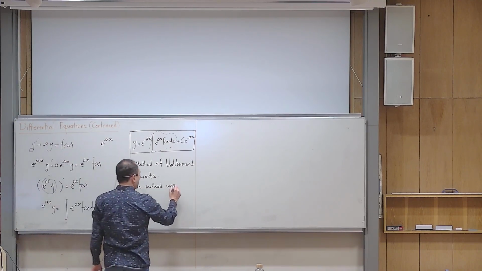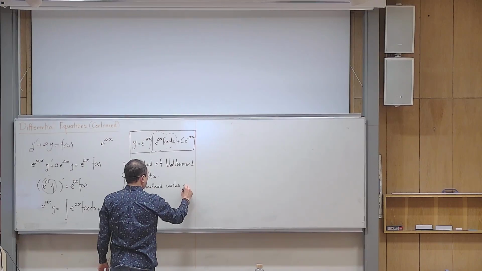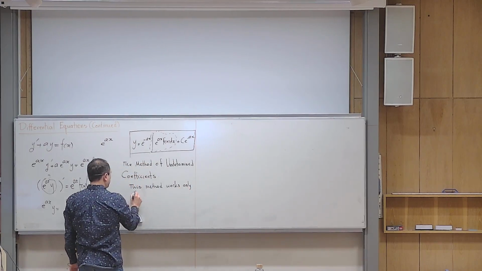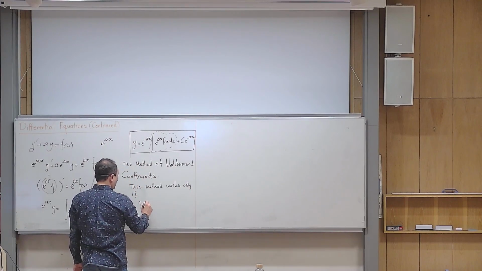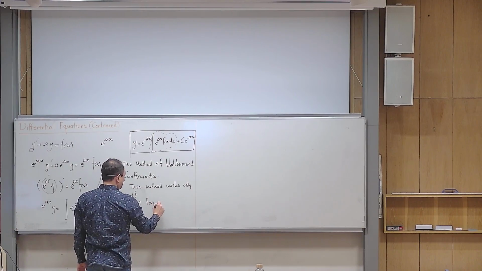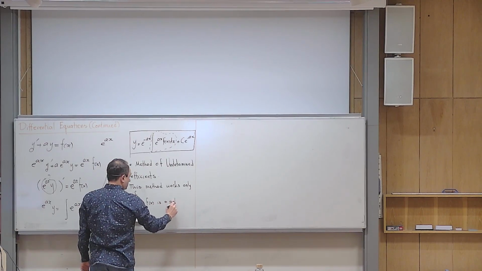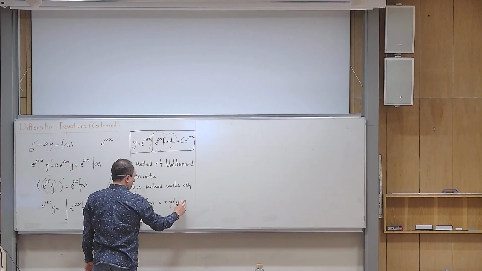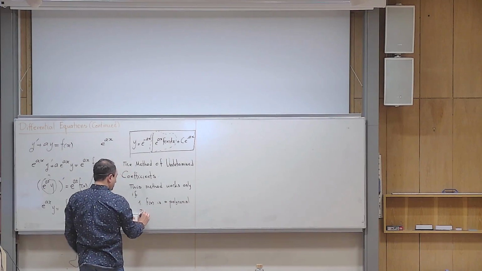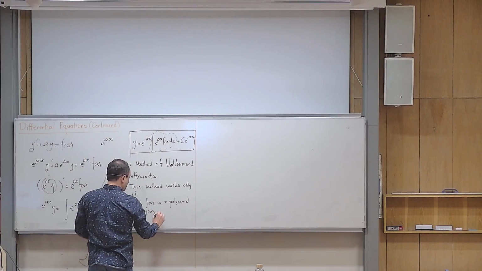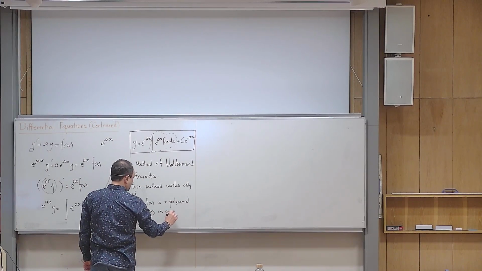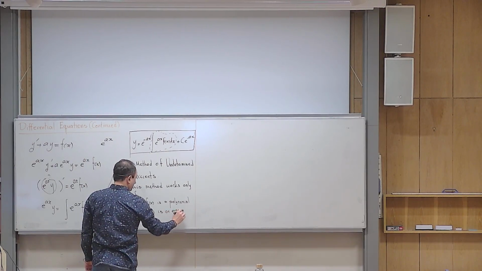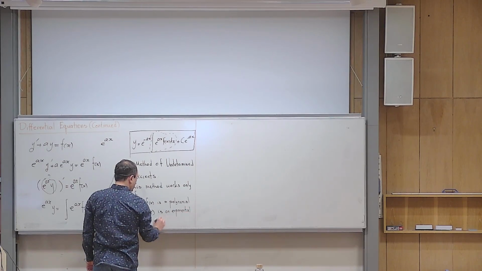So this method works only if, number one, f of x is a polynomial. Number two, f of x is an exponential function.